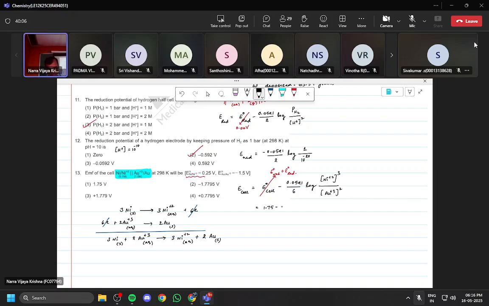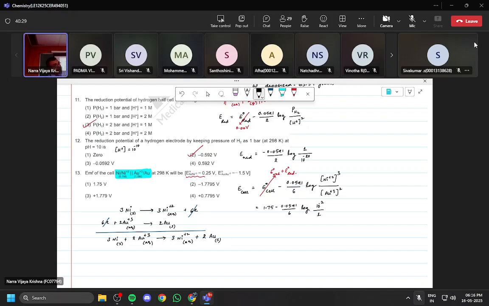So this minus 0.0591 upon 6 into log of Ni plus 2 square. What is concentration of Ni plus 2? Nickel plus 2 state. 0.1. Square means 10 power minus 2 upon gold 1. 1 cube means 1 only.